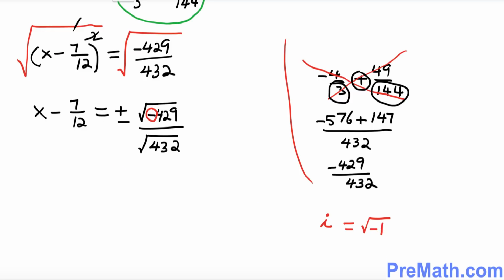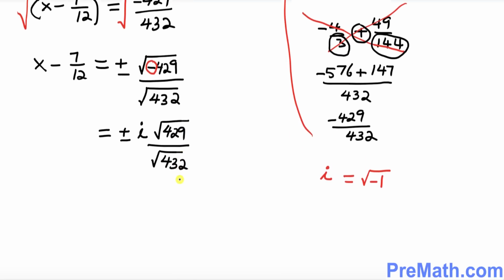So that's going to give you positive or negative i times the square root of 429 divided by the square root of 432. So far so good.